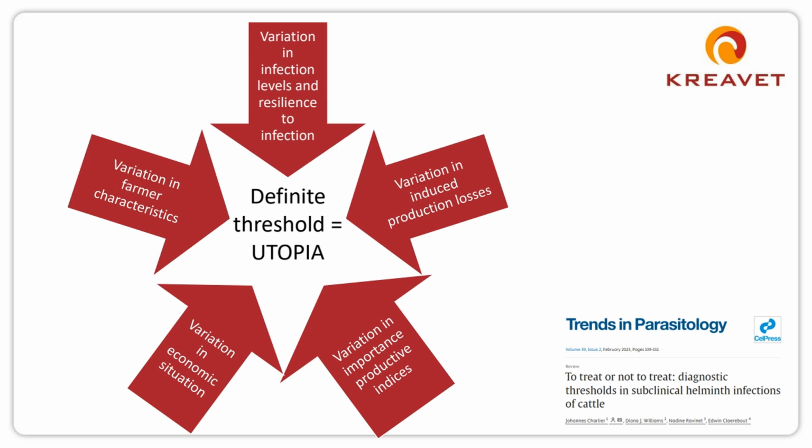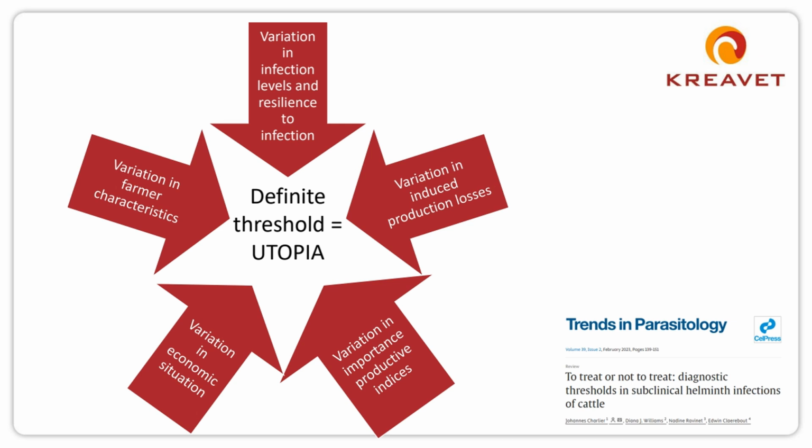This is so for fecal egg counts. This is so for the Ostertagia ELISA. This is so, I believe, for any diagnostic test. And why is this so? There are many reasons, but one is variation in infection levels and resilience to infection.